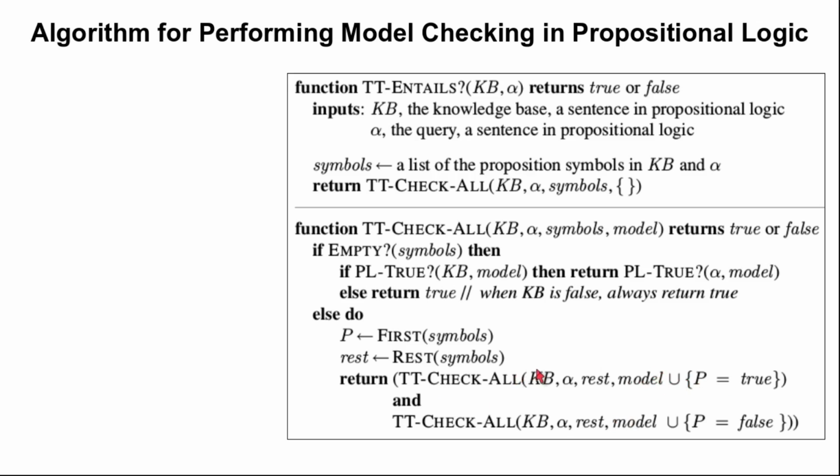In the first call we will increment the model to include p equal to true, and in the second recursive call we will increment the model to include p equal to false, and whatever value is returned by check all, we do an AND between those two and we return it to the main call.